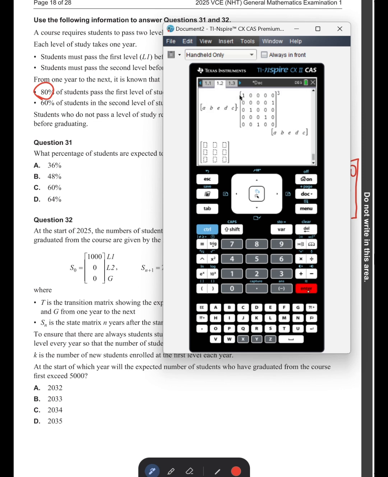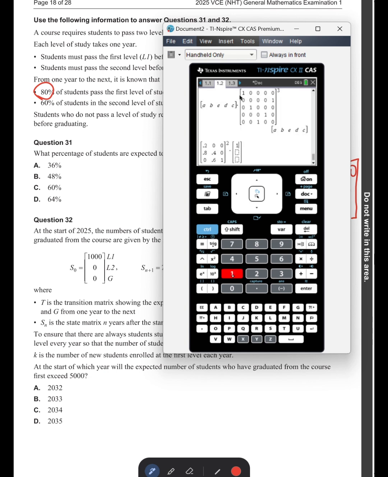All right, 3x3. We've got 0.2, 0.8, 0, 0, 0.4, 0.6, and 1, 0, 0. I'm going to raise that to the power of 2. Then I'm going to times it by a 3x1.